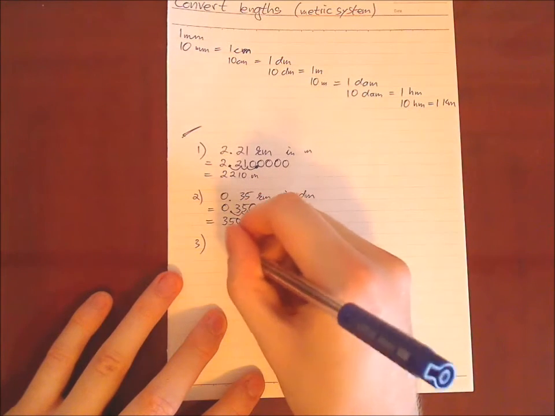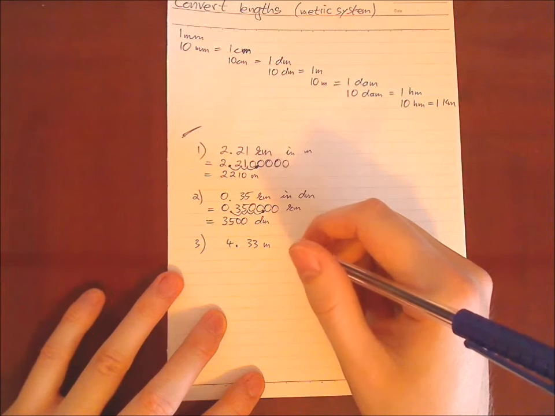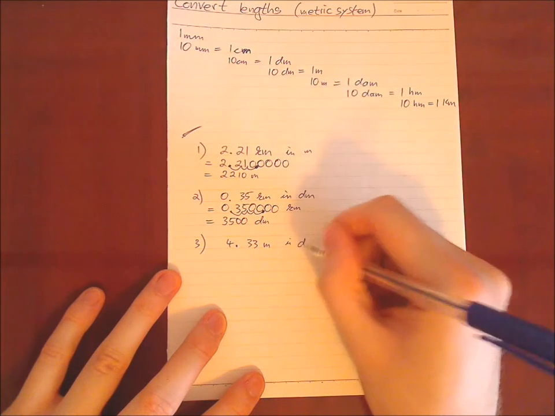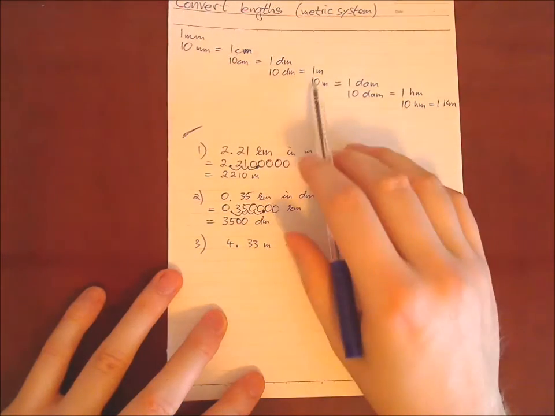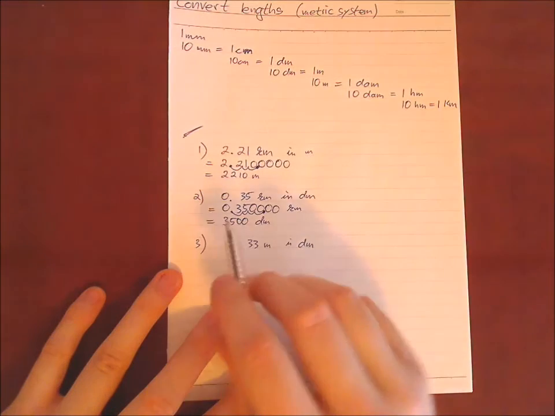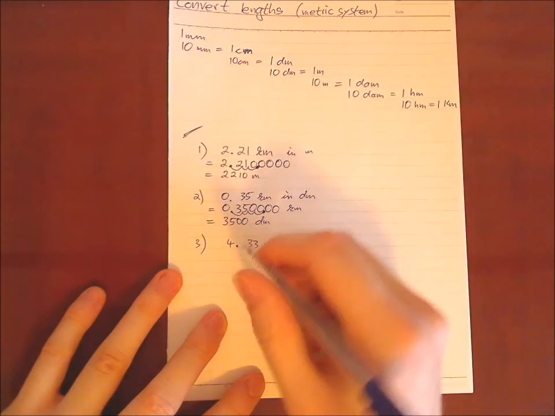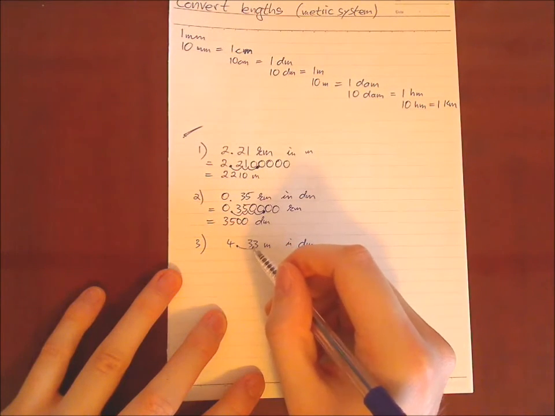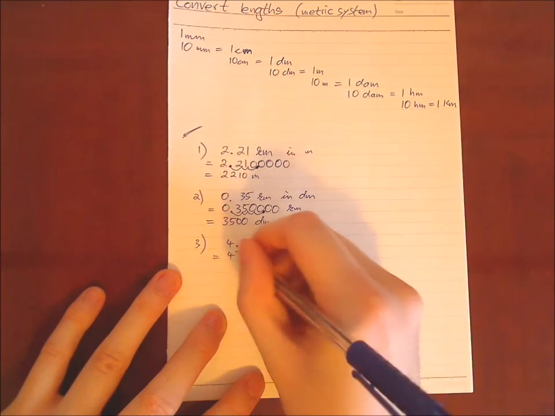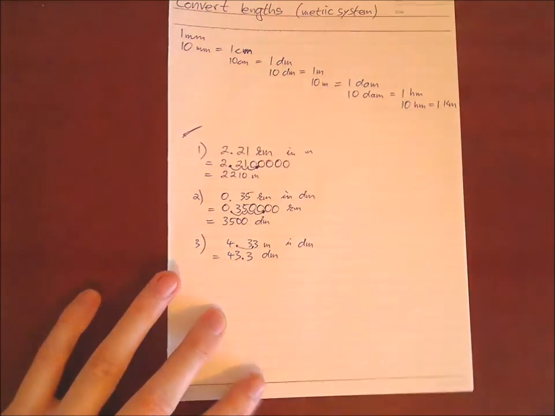Third example, we have 4.33 meters and want to convert to decimeters. From meters to decimeters is 1 step, so we also have to add a 0, or move the dot by 1. In this case, without adding zeros, you can also say, okay, it goes here, so we have 43.3 decimeters.